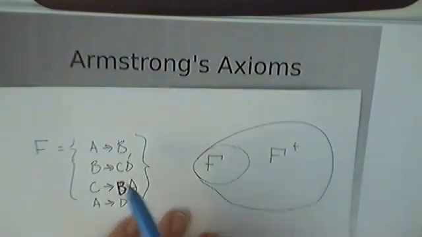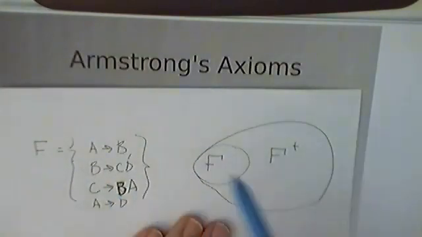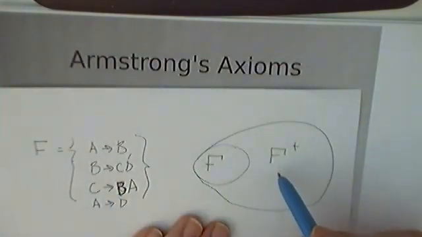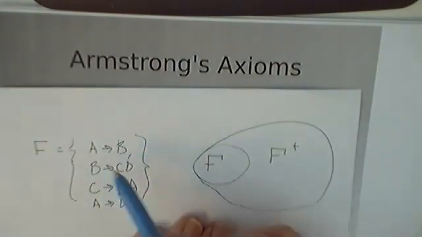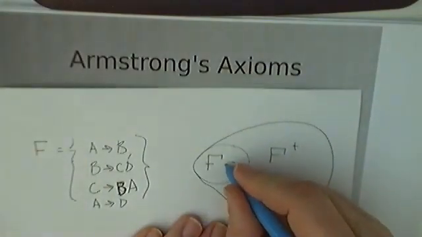The idea is that from this set of functional dependencies, there's a whole set of additional functional dependencies that can be implied from this initial set. That's denoted as this F closure. Likewise, there's something else.